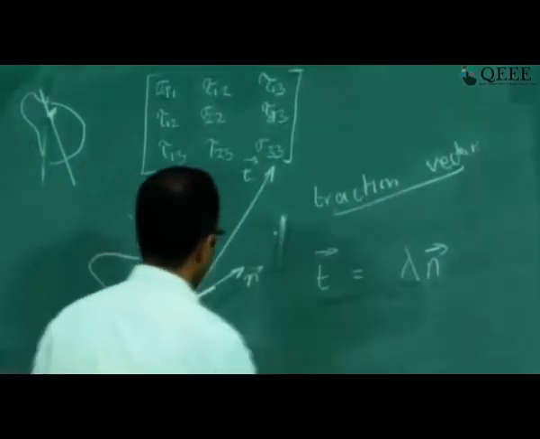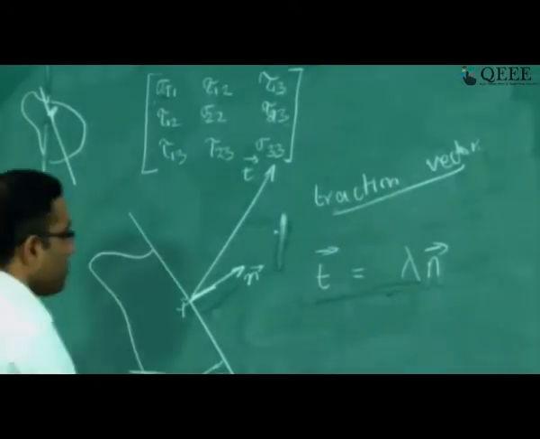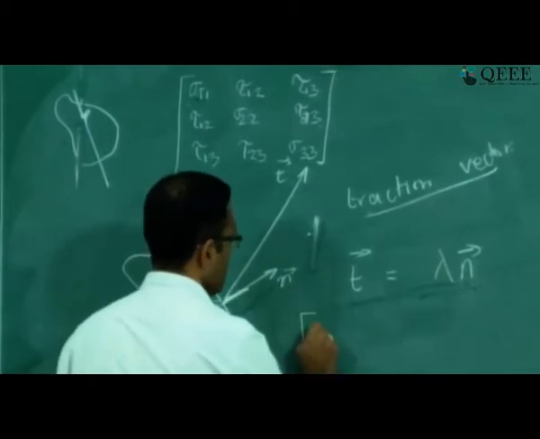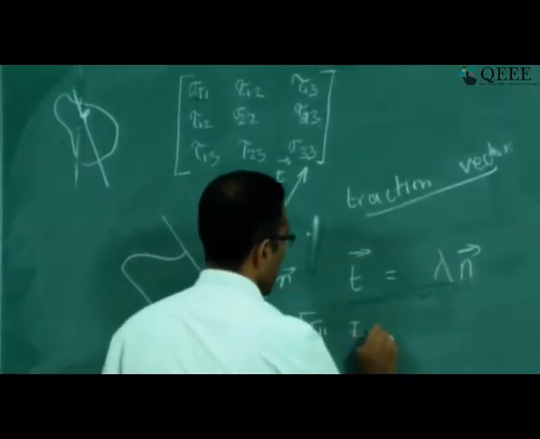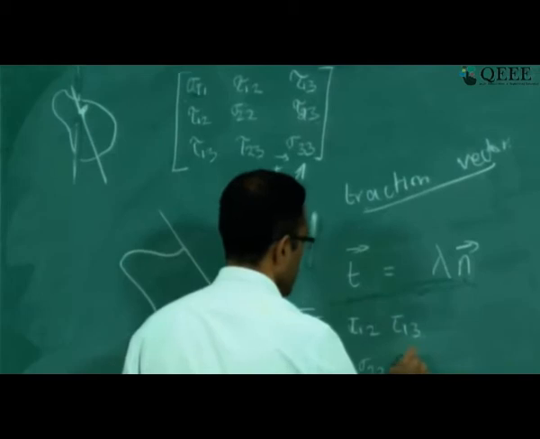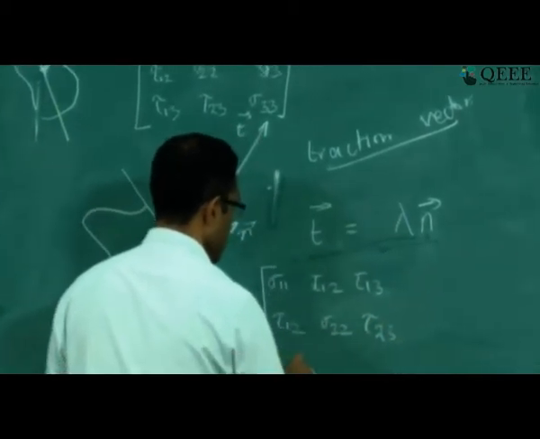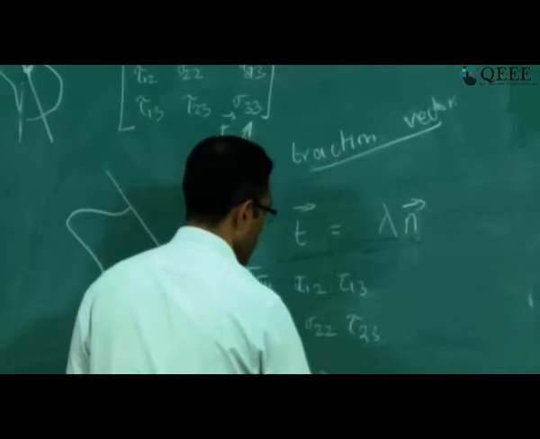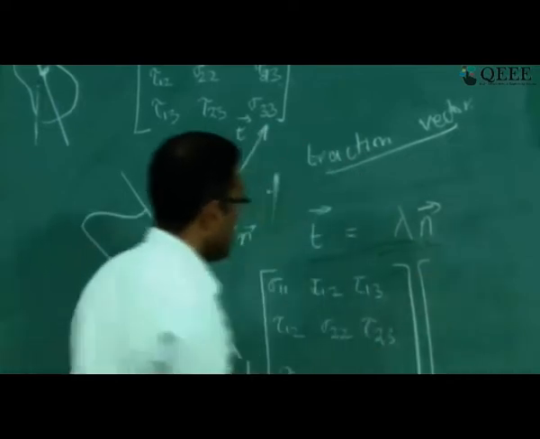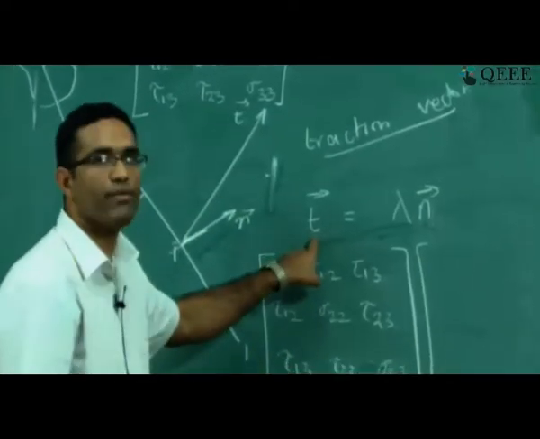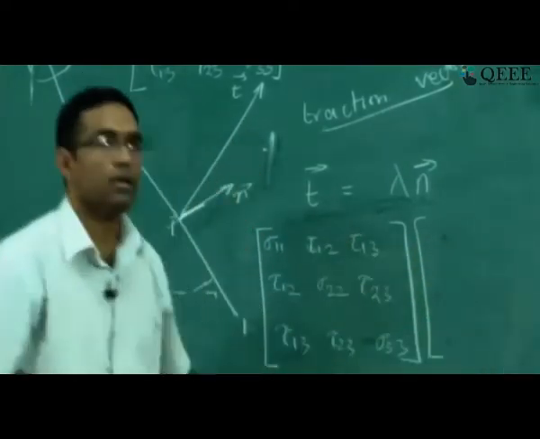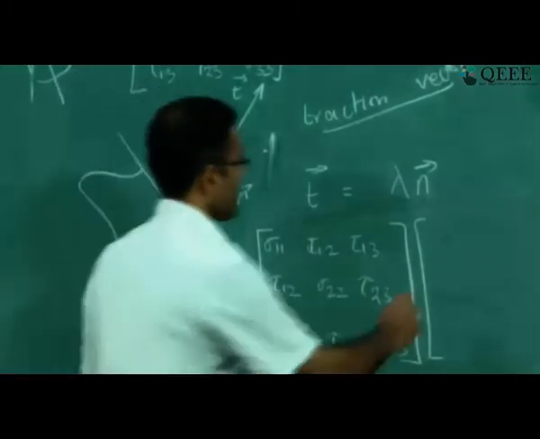So we do that. In any arbitrary coordinate system, let P have a stress tensor with components sigma 11, tau 12, tau 13, tau 12, sigma 22, tau 23, tau 13, tau 23, and sigma 33, times the various components of n, because that is the definition of T. T is nothing but the stress tensor times the various components of the normal.